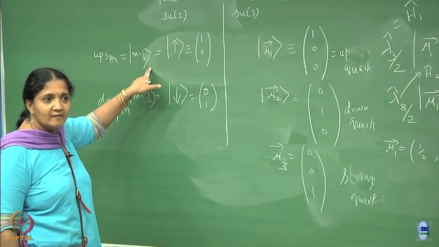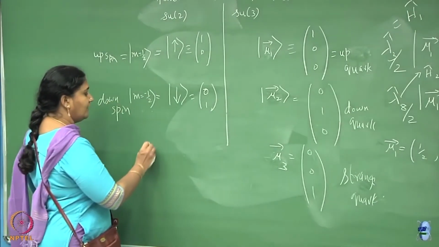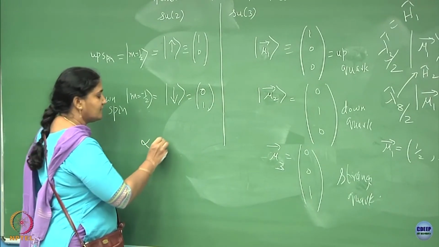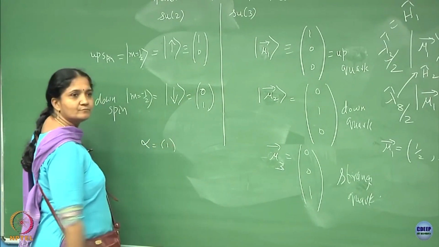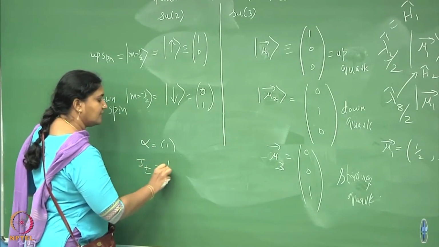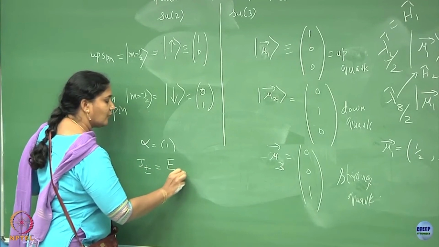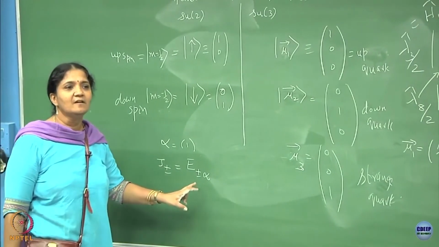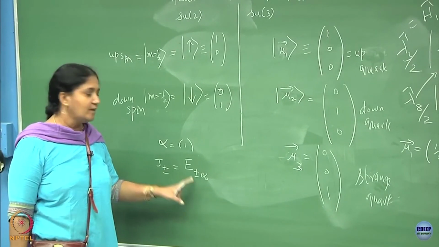You all know that. So I am going to call that some kind of a shift, which is just a single number 1, and J plus and J minus I will call plus or minus alpha. This is a single number in the case of SU2.